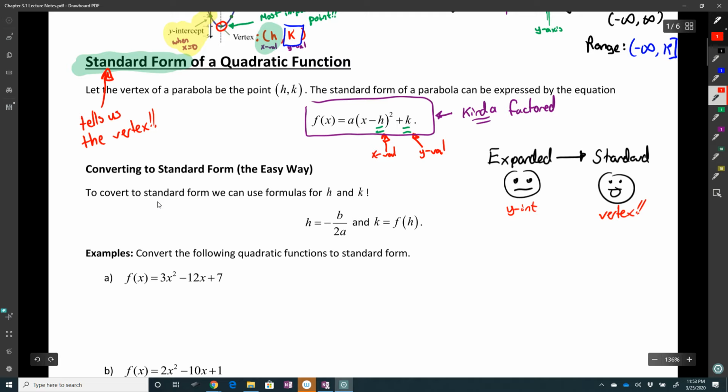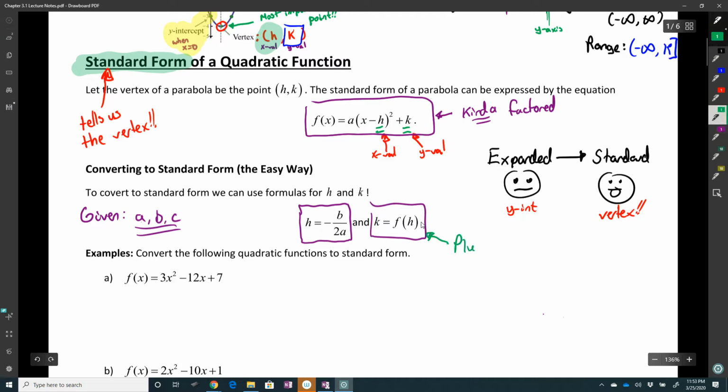All right. So to convert to standard form, we're going to use the following formula. So you're given expanded form. So you're given A, B, and C. I don't know why I wrote it way up there. A, B, and C. So given these three things, h is merely negative b divided by 2a, and k looks really complicated, but all this is saying is just plug h into your equation.